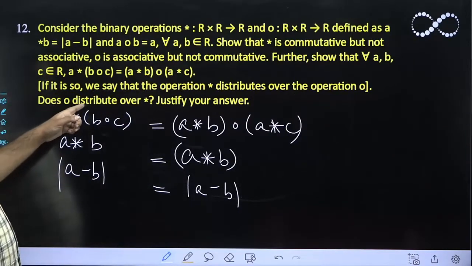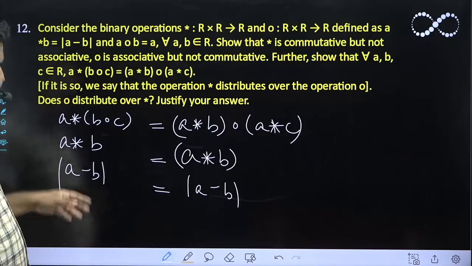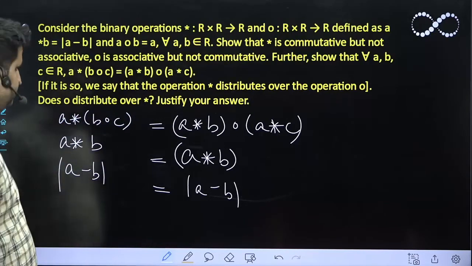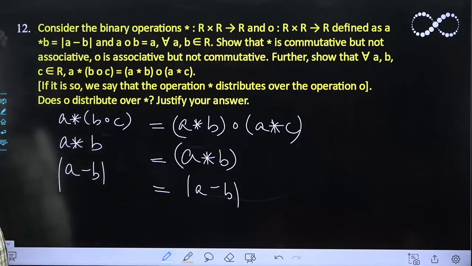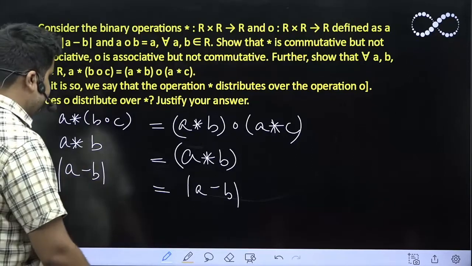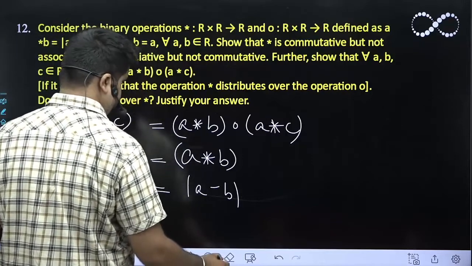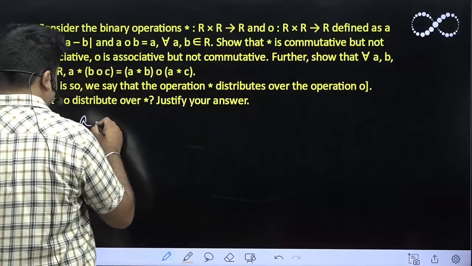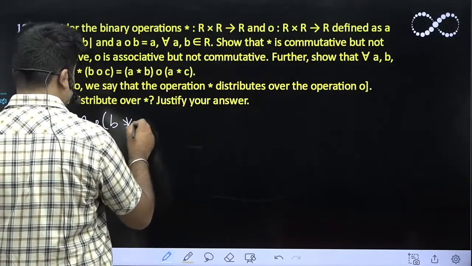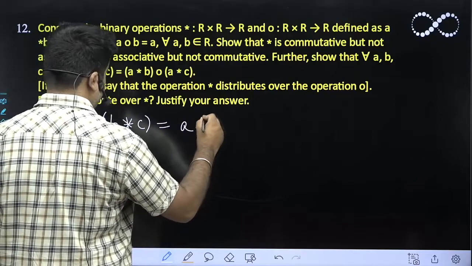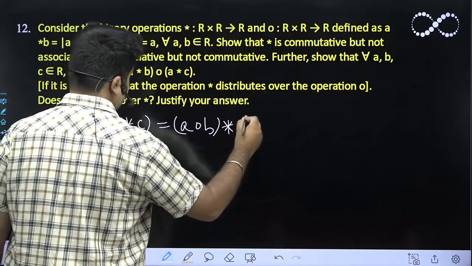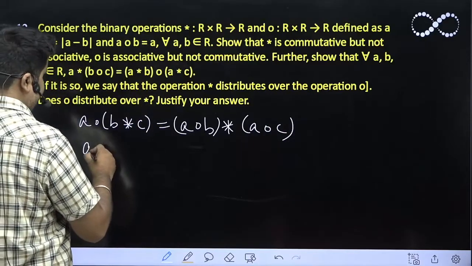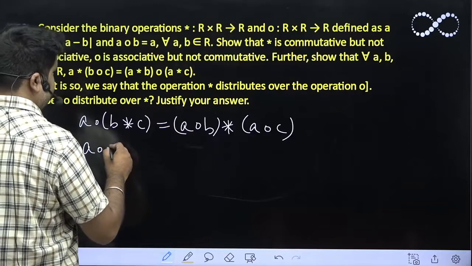So does O distribute over star? You can simply show that as well. You have to replace star with O and O with star. So we have to show AO(B star C) is equal to (AOB) star (AOC). What is AO(B star C)?